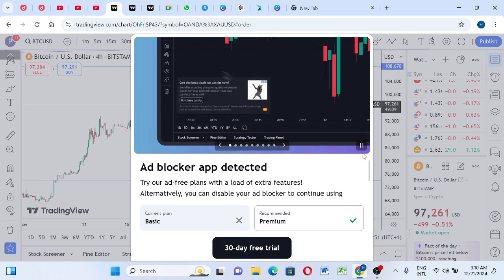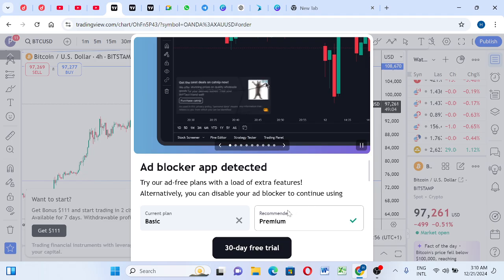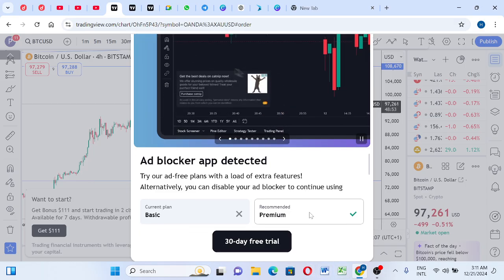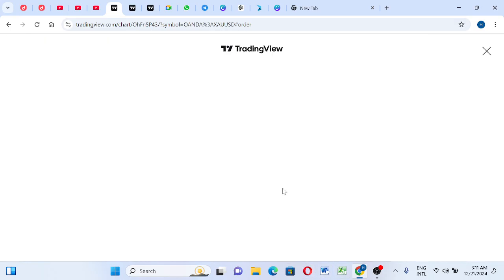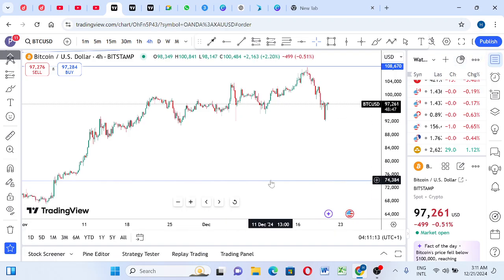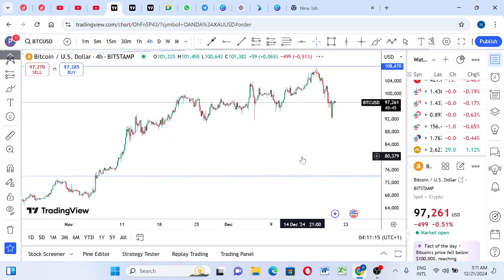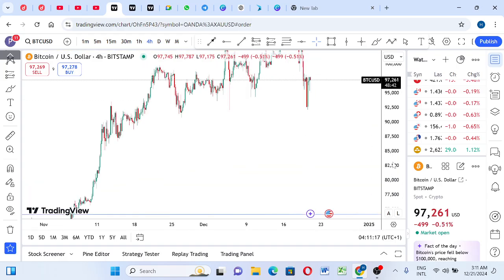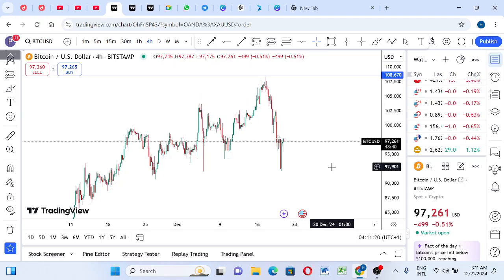What will you be doing on this bullish move? Basically, nothing much.